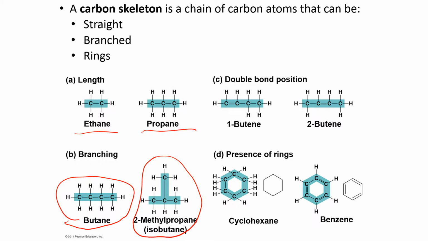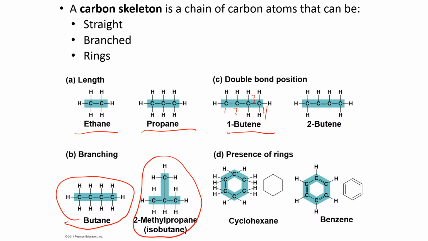You can also have double bonds. Your double bonds can actually be found in different locations. Basically, you can number your carbon atoms: 1, 2, 3, 4. So 1-butene is telling you where the double bond is located, carbon 1.